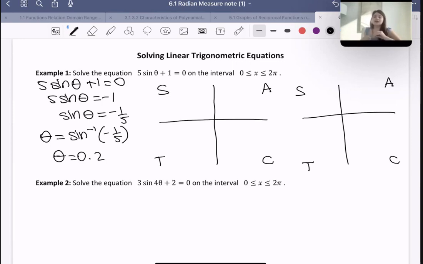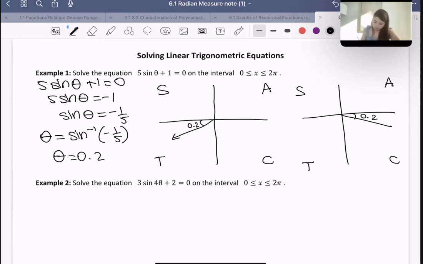So in this case, since sine is something negative, negative 0.2 to be exact, we need to figure out where it's going to be. So it's going to be over here, with this being 0.2, and over here, with this being 0.2, right?